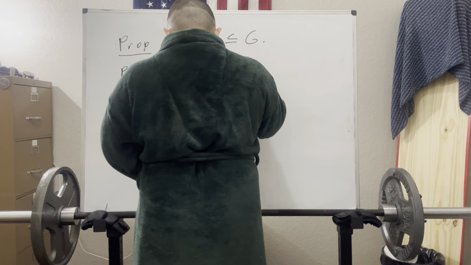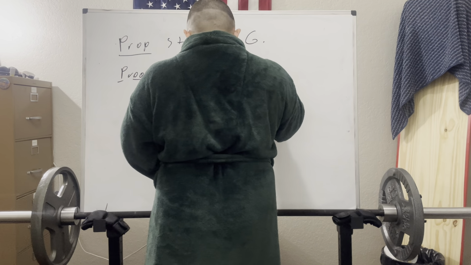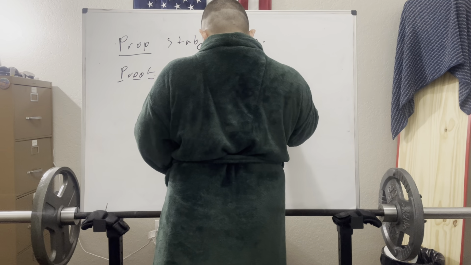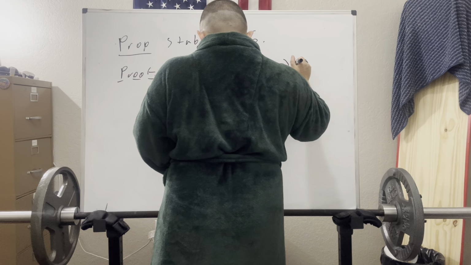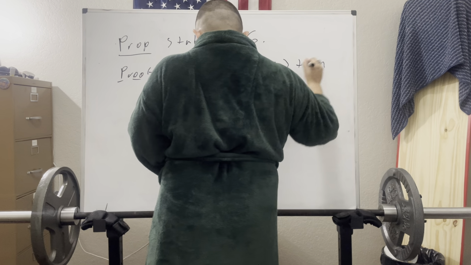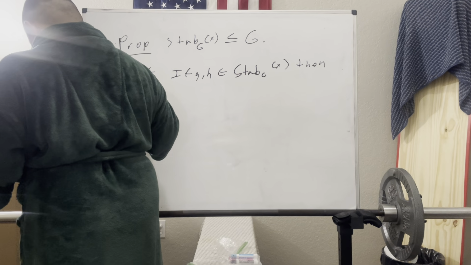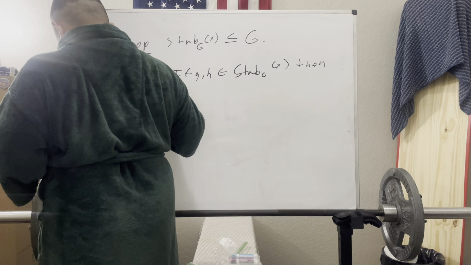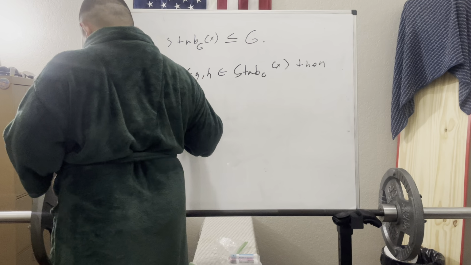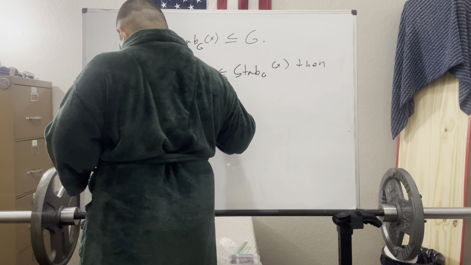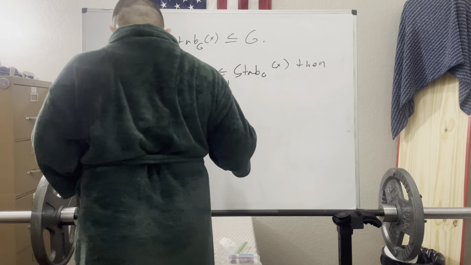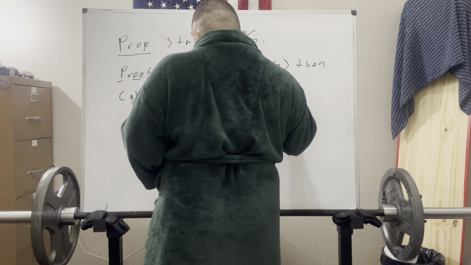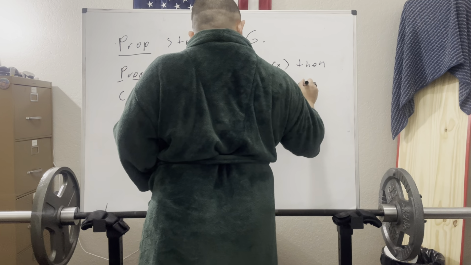If g and h are within the stabilizer of x, then g times the inverse of h, operated with x, is equal to g operated with (the inverse of h operated with x), is equal to g operated with x, which is equal to x.